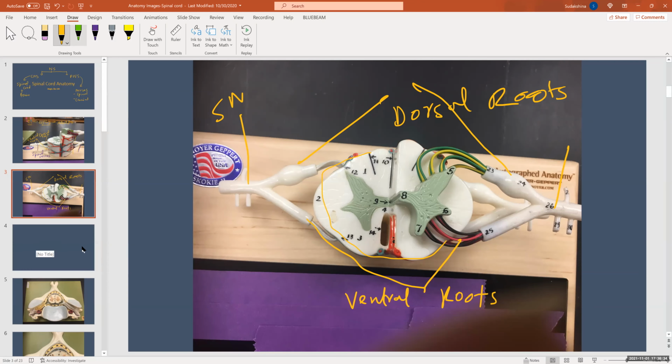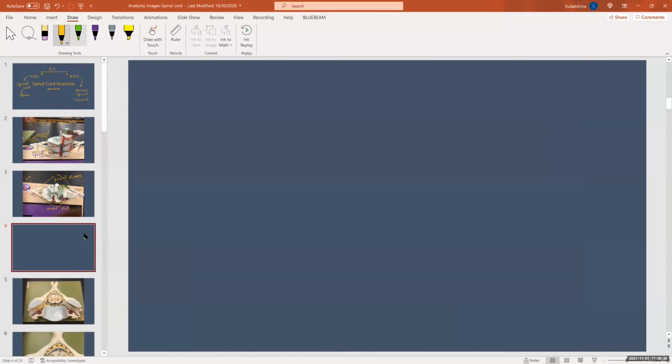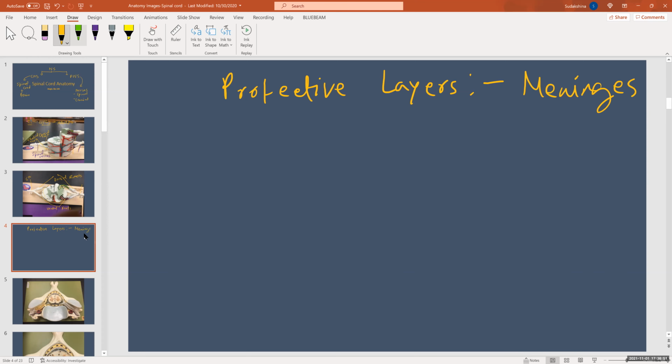Okay. Within the vertebral column, the spinal cord comes with its own protective layers. Those protective layers of the spinal cord, you can also refer to as meninges.